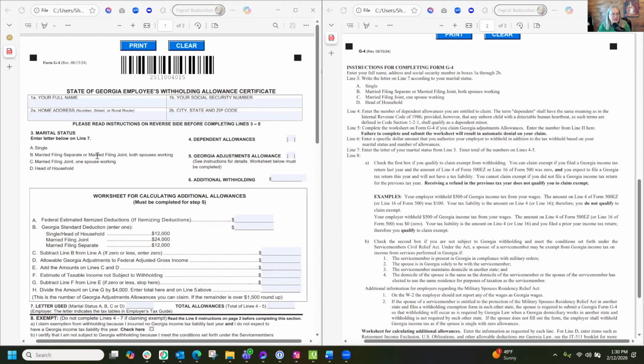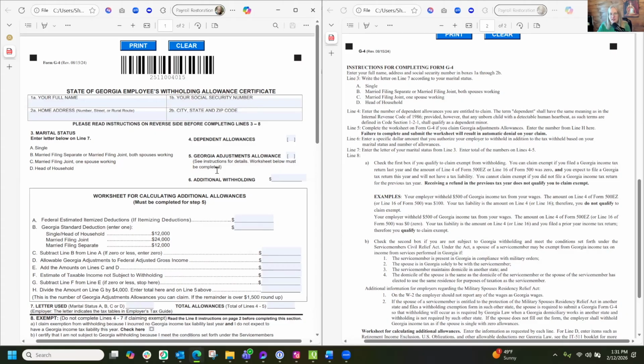So it looks like that is going to get written on line 7. Okay, so on 3, you enter the letter that you choose below on line 7, and it's kind of hidden. It's way down here under the pop-up box.